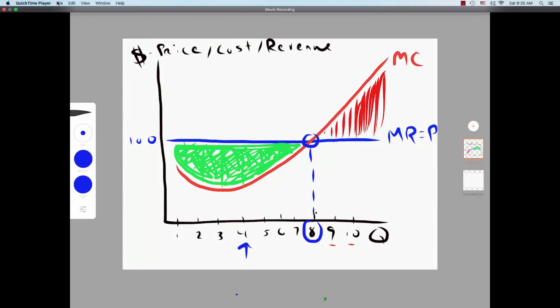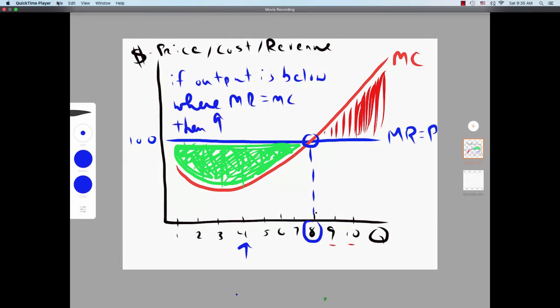So if your output is below where marginal revenue equals marginal cost, down here at like an output of 4, you should increase production. Increase your production because you can earn more profits.